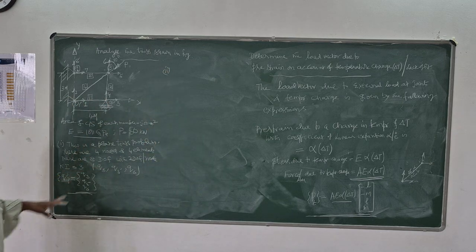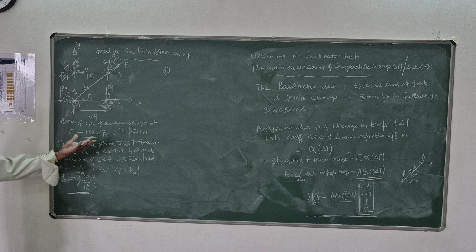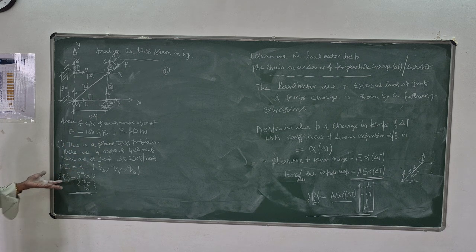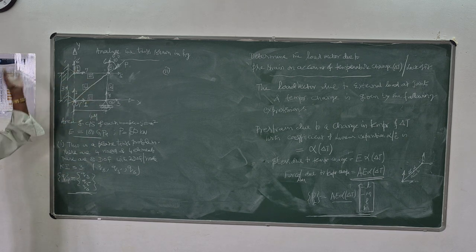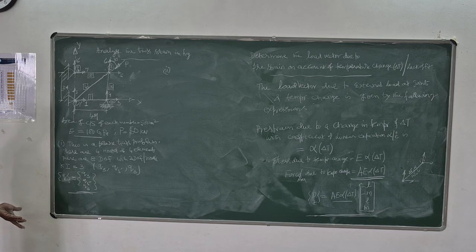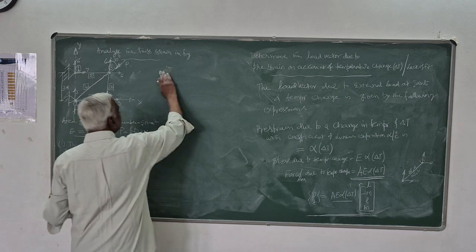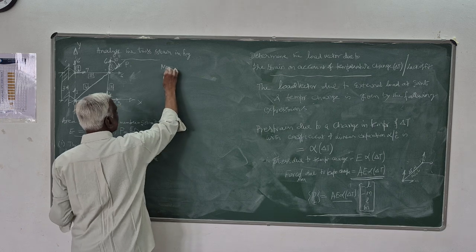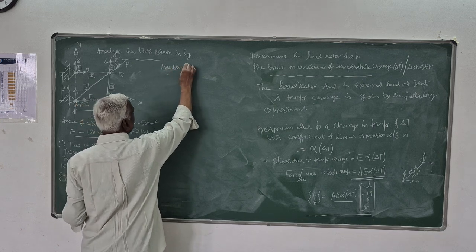So you need not bother about your element stiffness matrix now. Straight away go for the global coordinate system because I have derived the global coordinates. So before that, let us take member information.